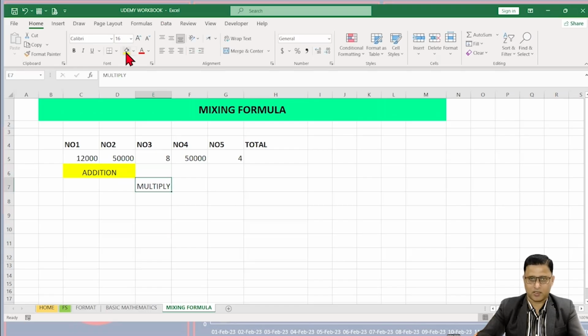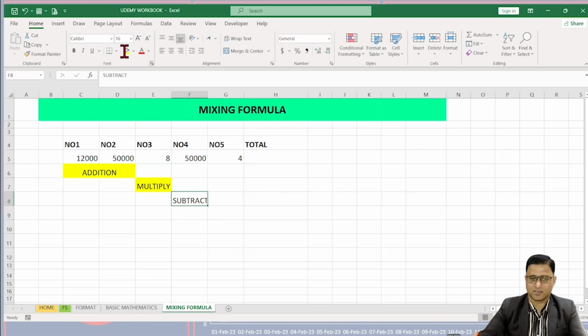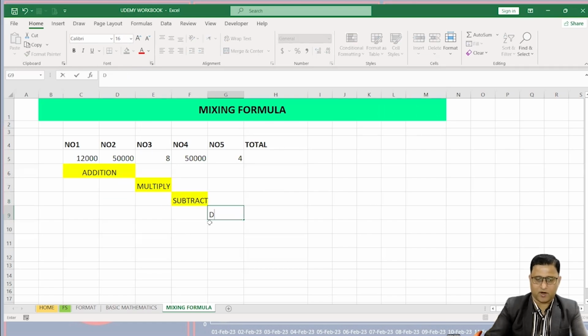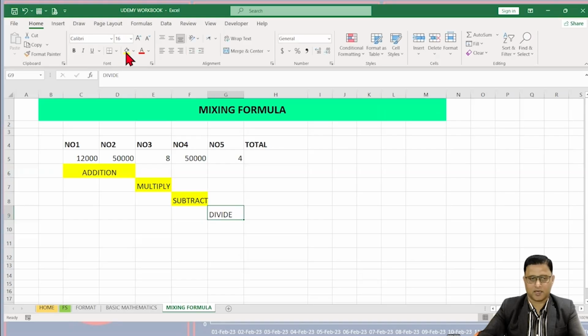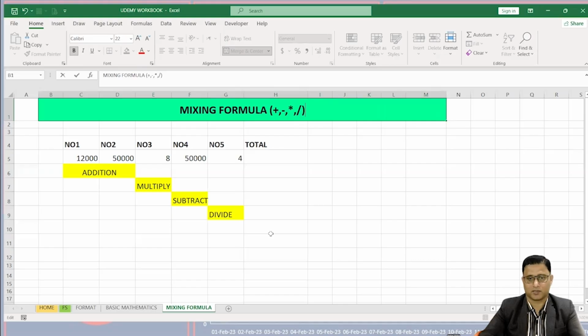Again, whatever result comes, I need to subtract this number from that resultant. And then lastly, we have to divide that by the last number. It means I want to mix plus, minus, multiply, and divide, all the functions working together.